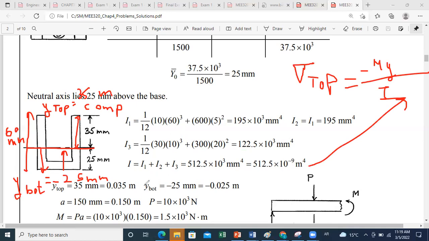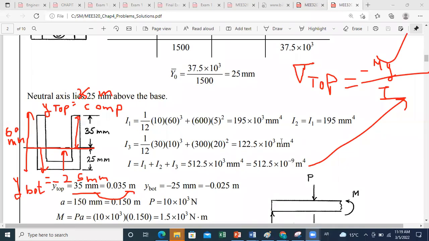Y top is 35 millimeters; we convert it to meter. M, we already discussed the value of M. M is 1,500 Newton meter. So we just have to replace, and we get a negative result because it's in compression.